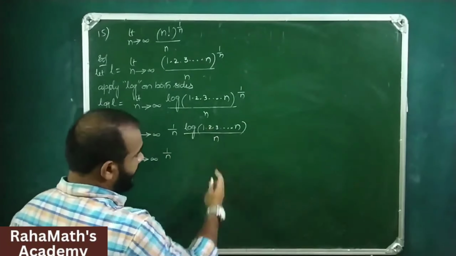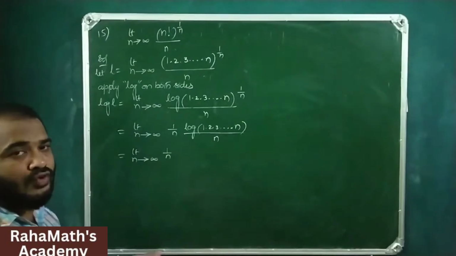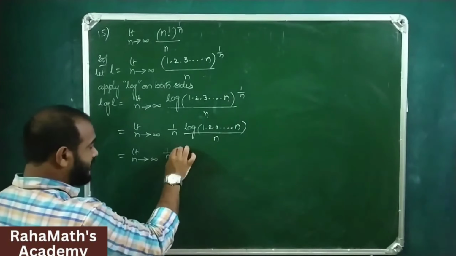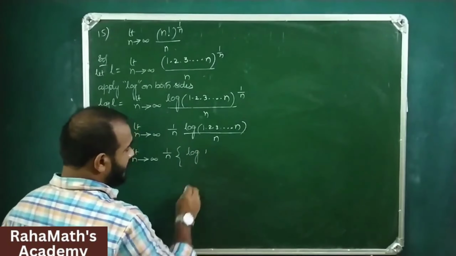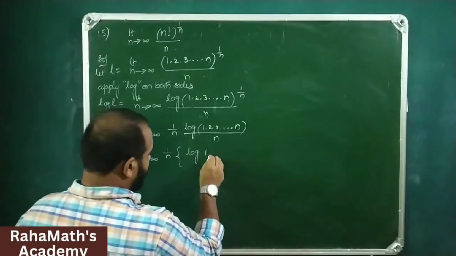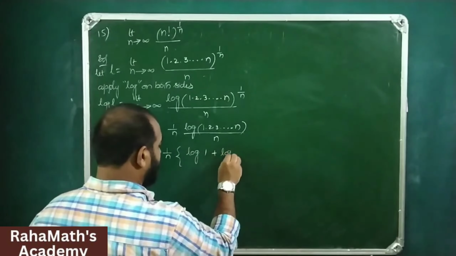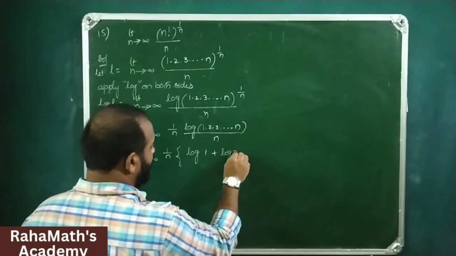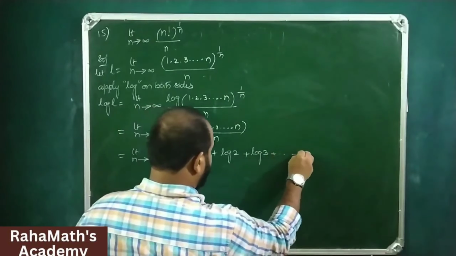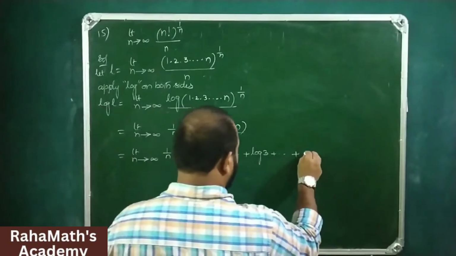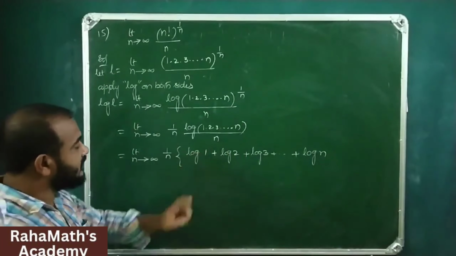log AB is log A plus log B. So log ABC is log A plus log B plus log C. Likewise, this is log 1 plus log 2 plus log 3 plus etc. plus log n, by n.